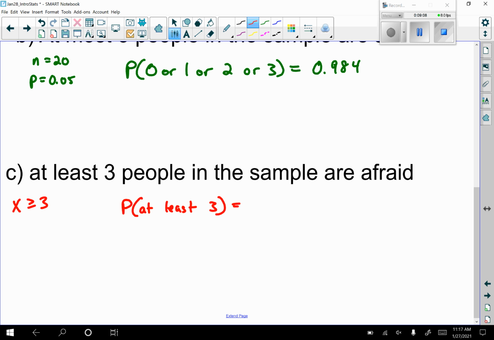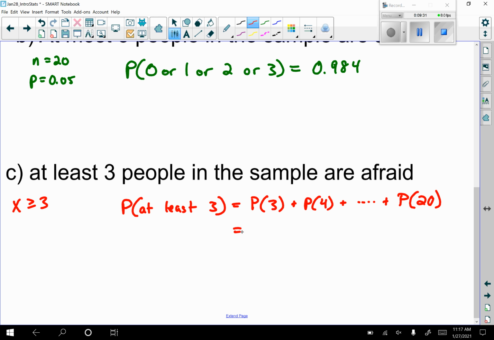Now another way to think of this is really the probability of 3 plus the probability of 4 plus all the way up to what? Probability of 20. We don't want to have to sit here, like I said, and do this that many times. So if we go into menu 55B, again, N is 20, P is 0.05.